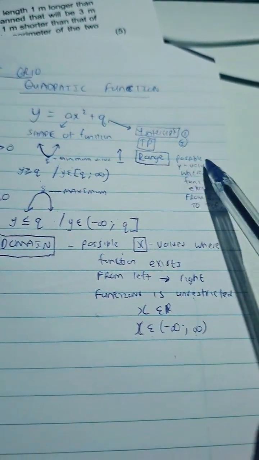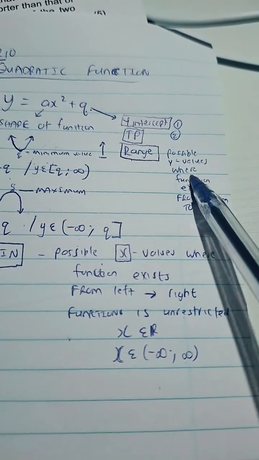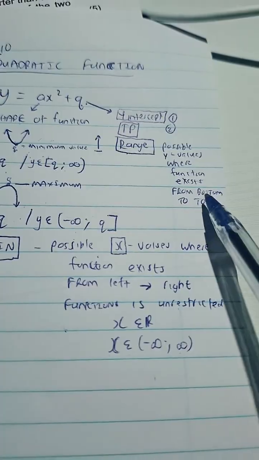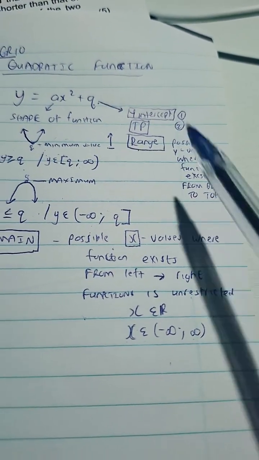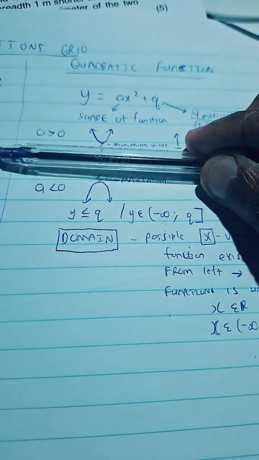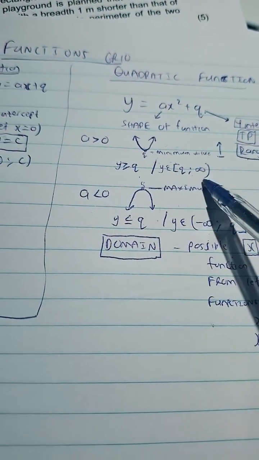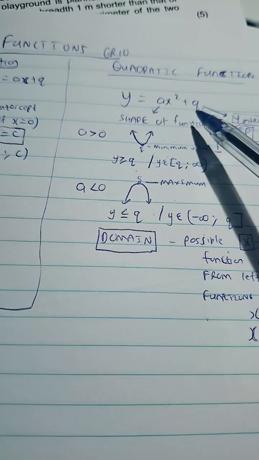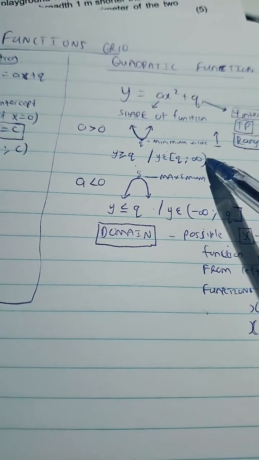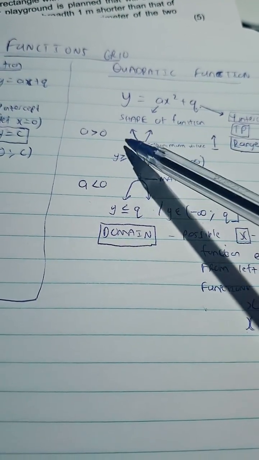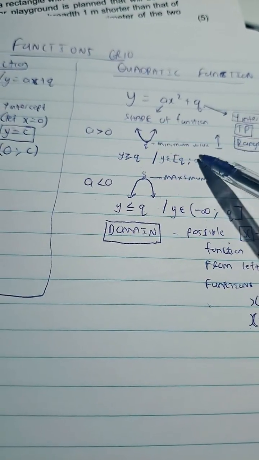Then the range, like I said, is our possible y values where the function exists, from the bottom to the top. So that's why we are looking from q, the minimum, to the highest point, which is infinity. Infinity just shows that the function goes on forever.